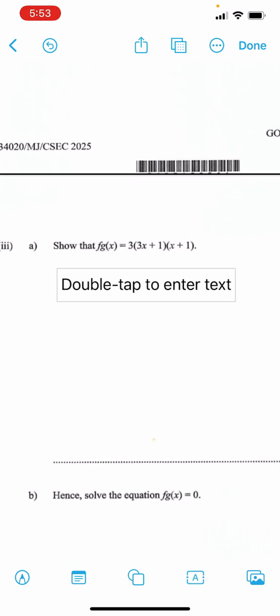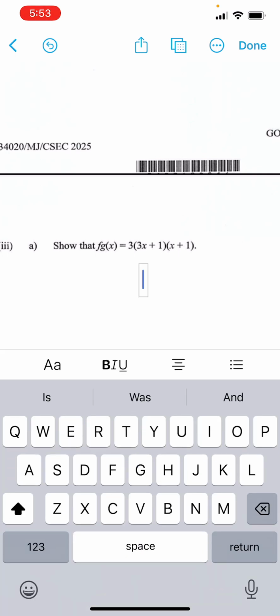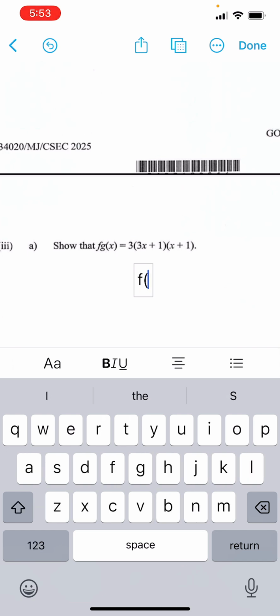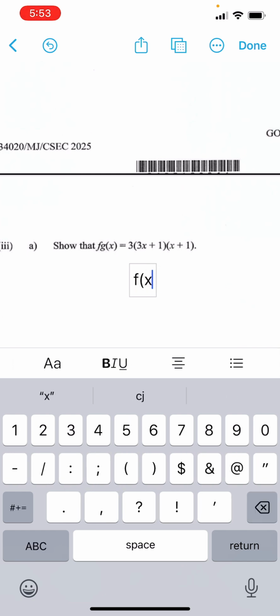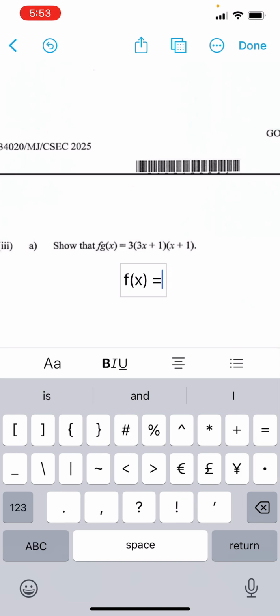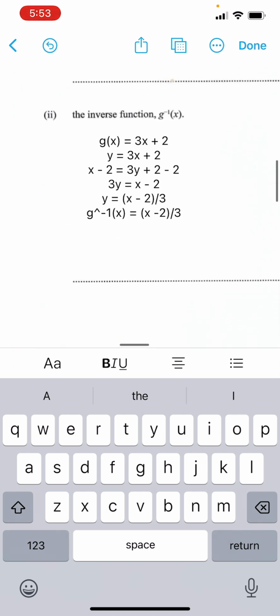Now, what we're going to do is write the functions again. F of x is equal to x squared minus 1.